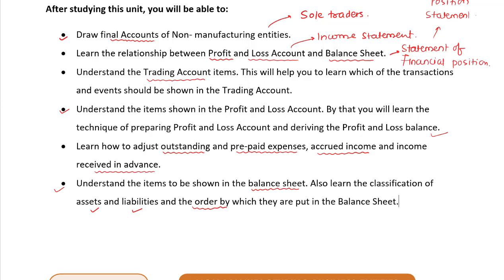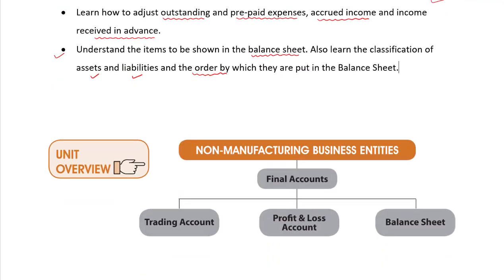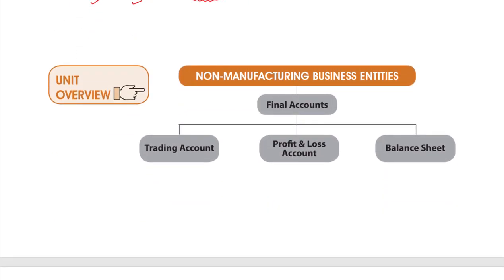So these were the learning objectives of this chapter. Unit overview. Non-manufacturing business entities. We'll learn about final accounts, that is trading account, profit and loss account, and balance sheet.